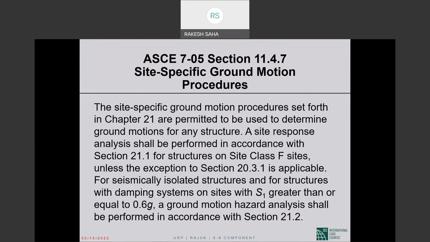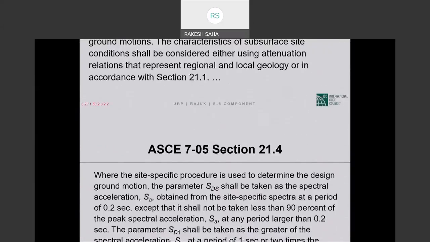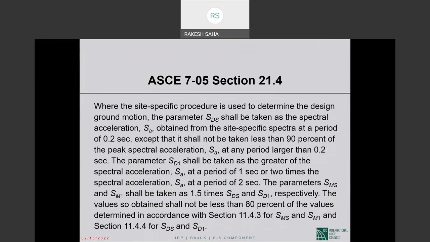For site-specific spectrum, there are very important things said in ASCE 7 that I included here, but I'm not going to read them because this is a lot of writing, and some of the stuff may sound a little strange to you. But it talks about the site-specific analysis that ASCE 7 would have us do.